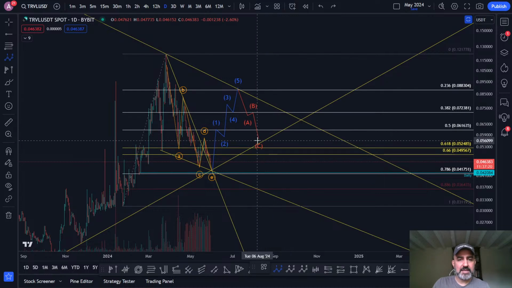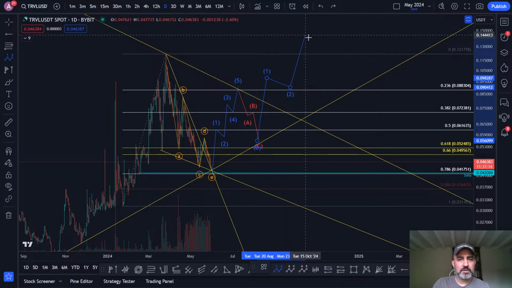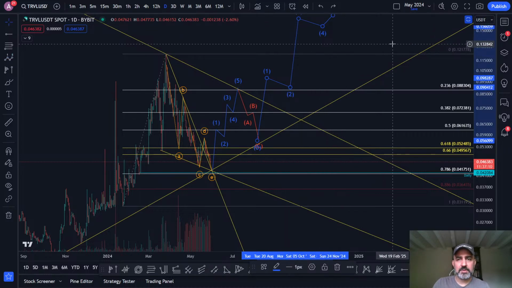And then you'd want to see kind of like a wave 1. I don't know how this is going to be. I'm just making this up.